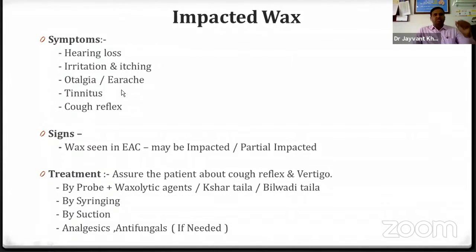Then otalgia or earache due to excessive swelling of impacted wax. Due to excessive swelling, wax will impact on the nerve endings which are present in the external auditory canal. Then it will lead to pain.